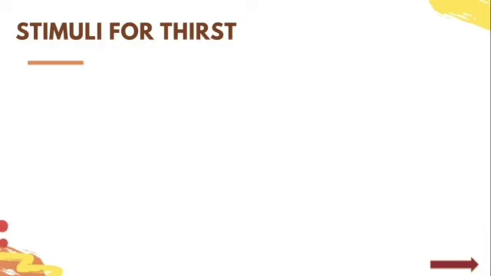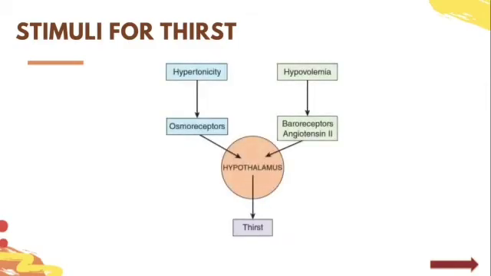As mentioned on the previous slide, increased extracellular fluid osmolarity stimulates thirst. This is one of the most important stimuli. When one has a hypertonic extracellular fluid, or increased osmolarity extracellular fluid, it causes intracellular dehydration in the thirst center, thereby stimulating those osmoreceptors in the hypothalamus, which then stimulates thirst.